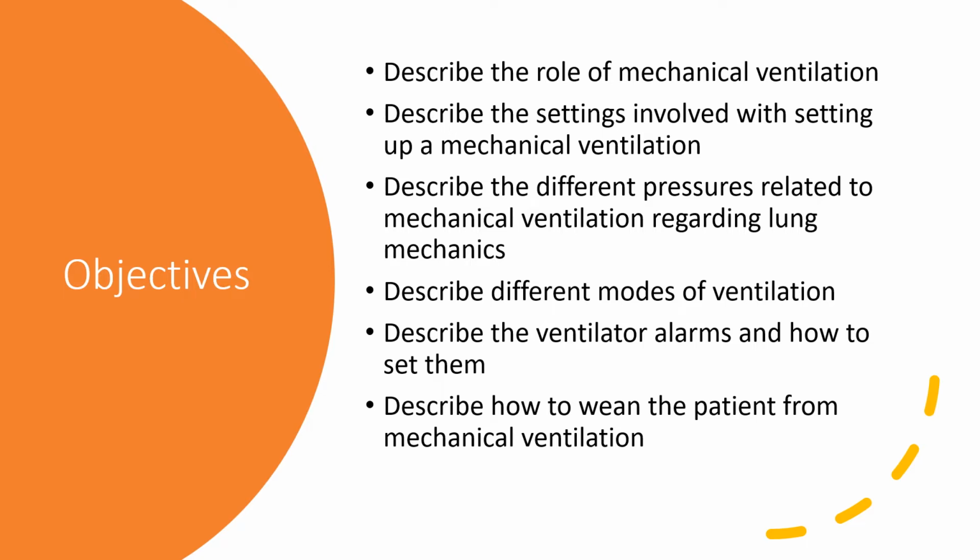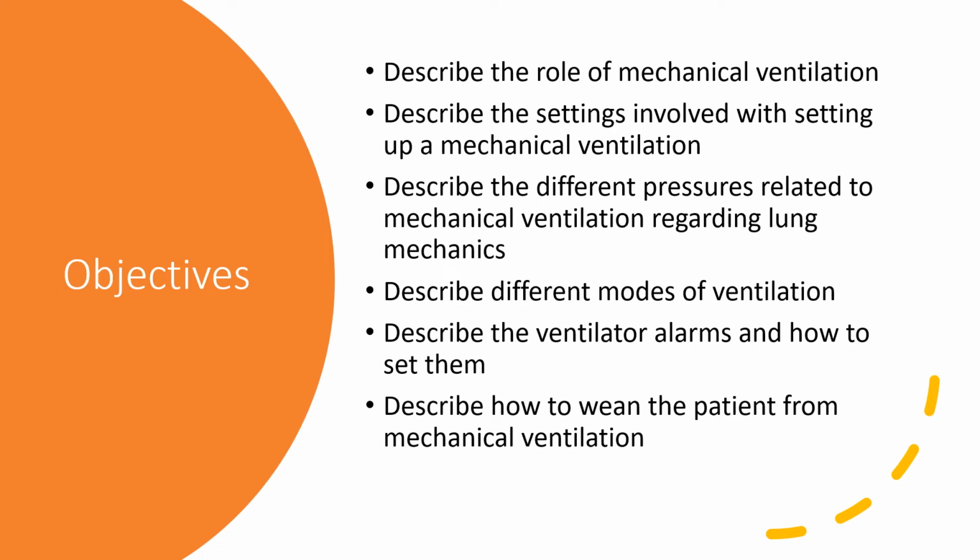Patients come into the emergency room with chest trauma or cardiac arrest. They need mechanical ventilation. There are other cases where someone has some kind of pulmonary disorder and they need mechanical ventilation. I'm going to get into more detail about when we use mechanical ventilation a little bit later. I'm also going to describe the settings involved.